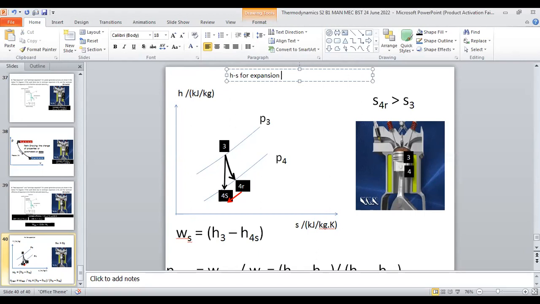This is for gases. For vapor, we use TS. There also you can get the H values, which is for gases. HS. Anyway, I take the gases out here.